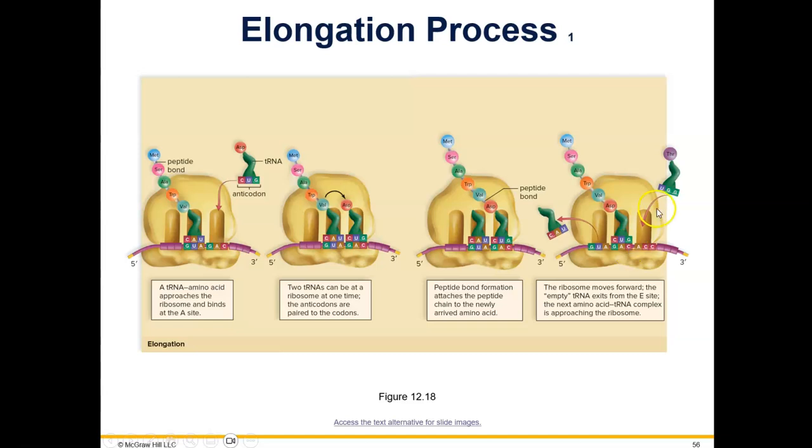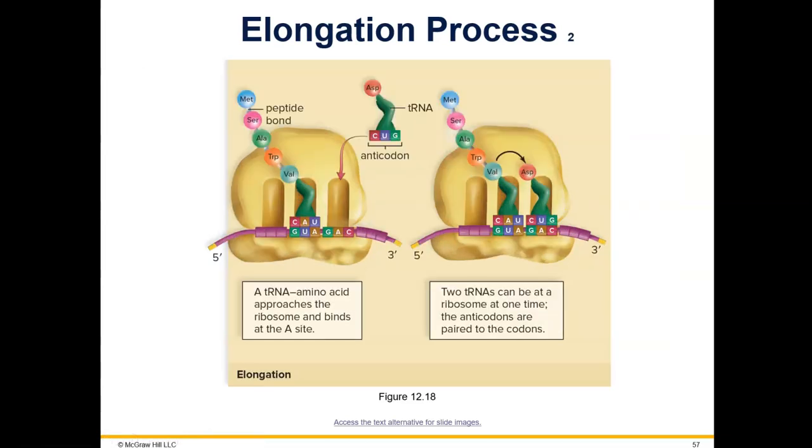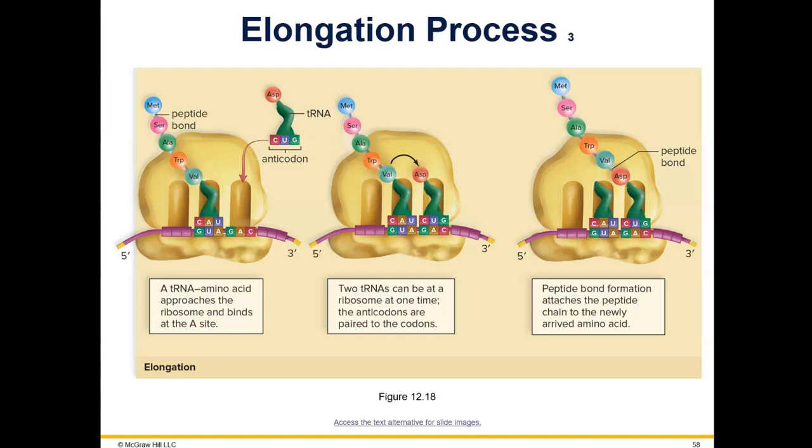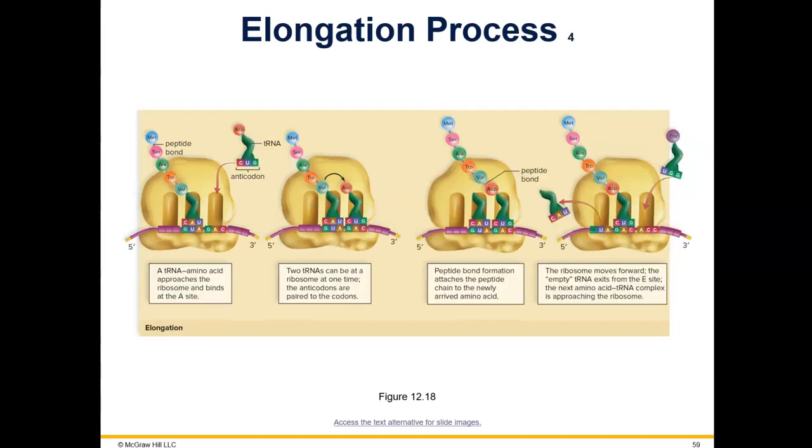So in the final picture, you see that the entire messenger RNA shifts to the left to the P site, and the aspartic acid is the 6th amino acid that's now a permanent part of the polypeptide. The previous messenger RNA codon moves over into the E site, and the transfer RNA for that with the anticodon exits.